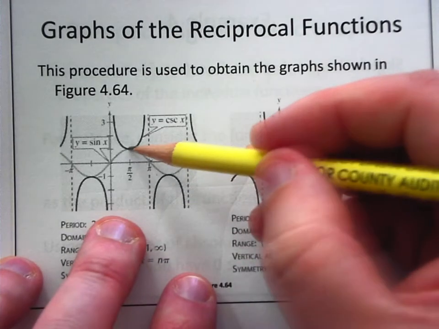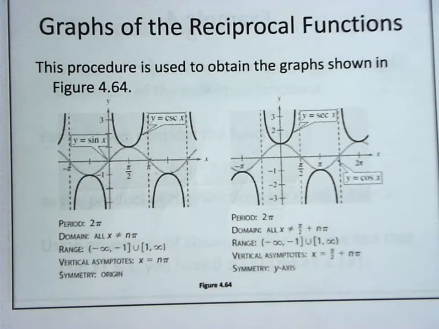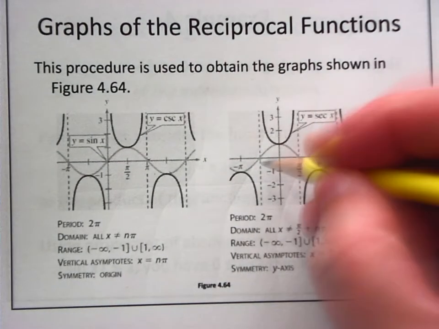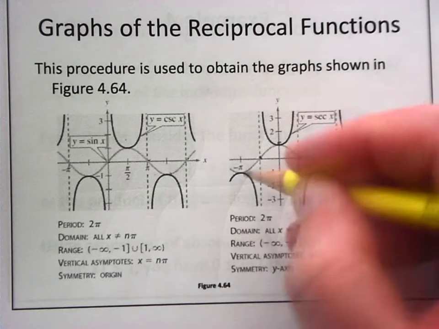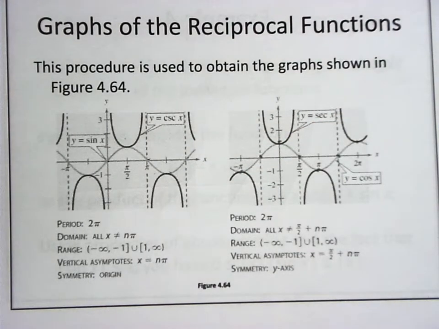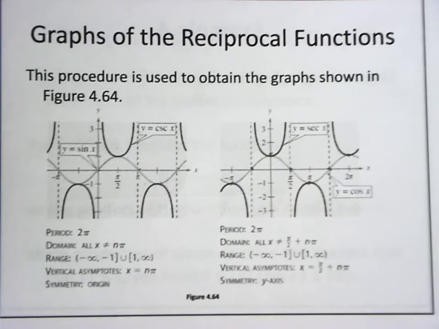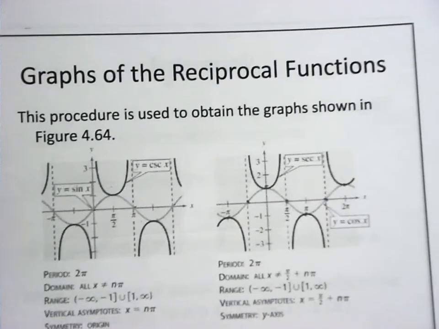And then wherever you have peaks and valleys, cosecant will come down and hit the peaks, come up and hit the valleys between those asymptotes. Okay, so what I'll do is I'll graph these key points here. And then I'll just draw in the asymptotes and draw in those curves that come down and hit. Okay, so if you can do sine and cosine stuff from yesterday or from Tuesday, this is the same stuff, just you do something different with those points.